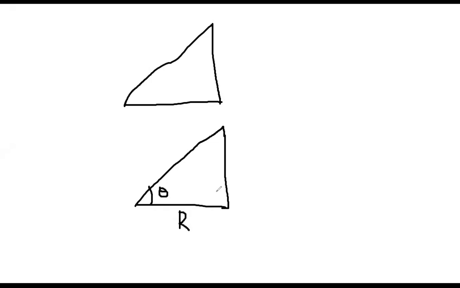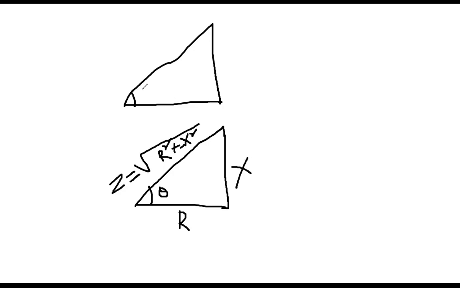This is R, this is reactance X, and this is the magnitude of impedance, root over R squared plus X squared. Sorry, this is one thing.